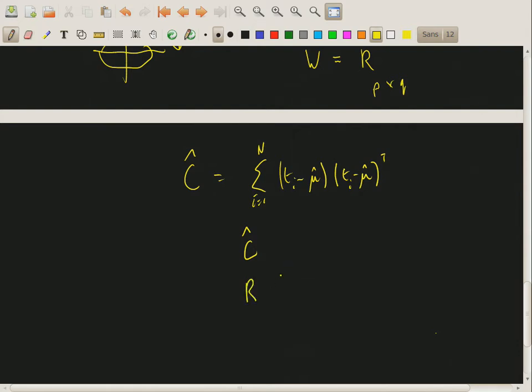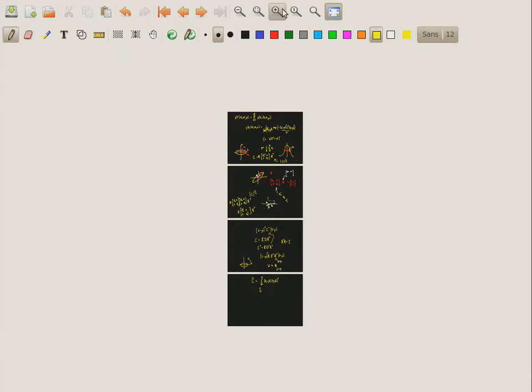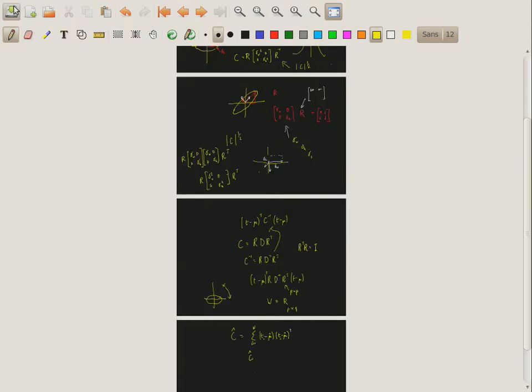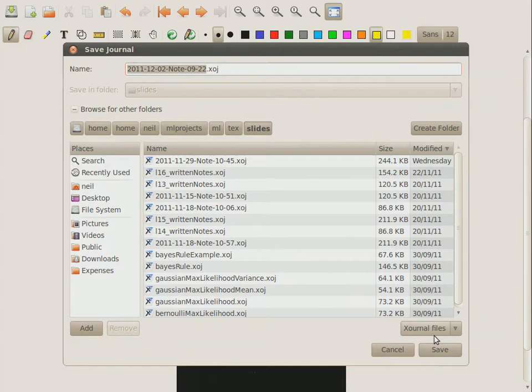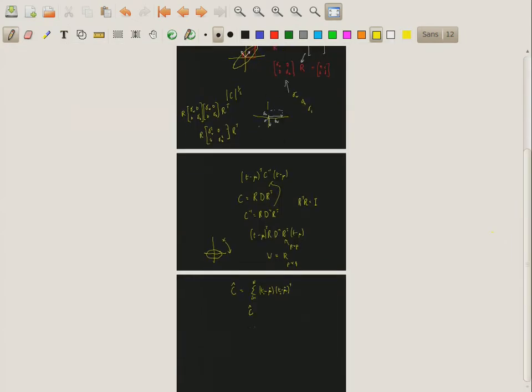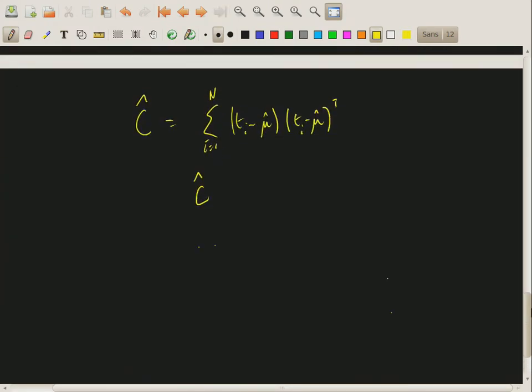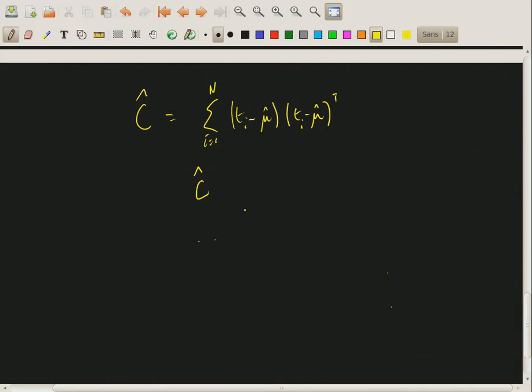So we've been using R. Actually, I'm going to regret using R. So what is the eigenvalue decomposition?